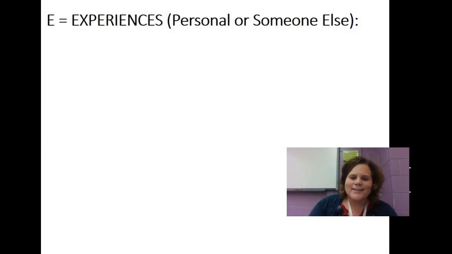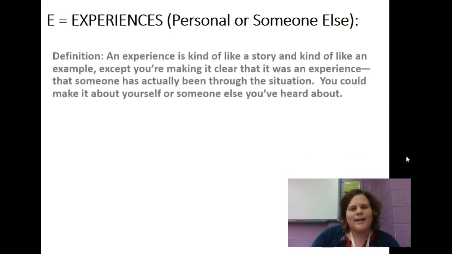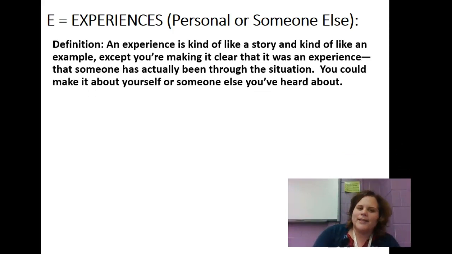If you're rejoining us, the last thing we're going to talk about for elaboration are just experiences. An experience is kind of like a story and kind of like an example, except you're making it very clear that it was an experience, that someone actually had this experience. Someone has been through this situation. You can make it about yourself, or you can make it about someone else you've heard about.